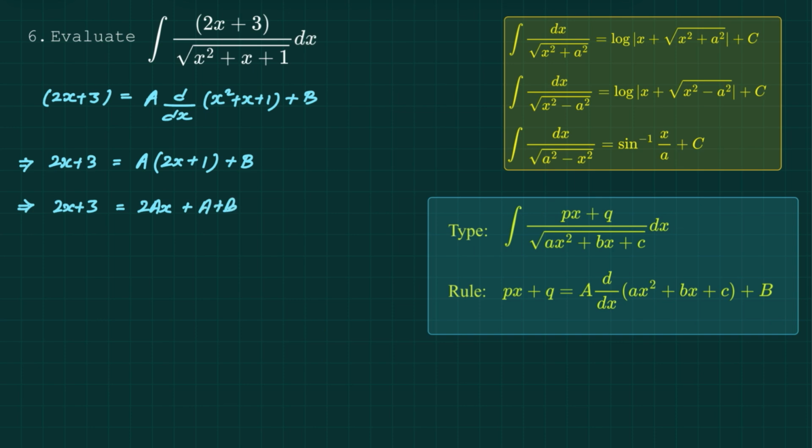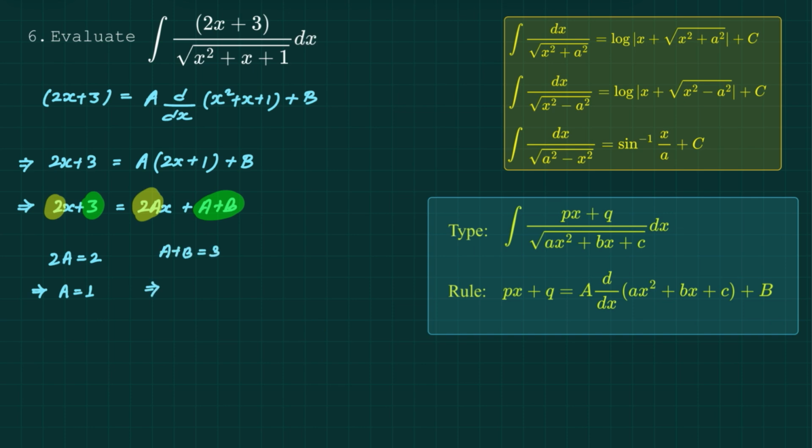Now at this point we have to compare the coefficient of x on both sides. So here we will have 2a equals 2, which gives a equals 1, and the constant terms, that is a plus b equals 3.